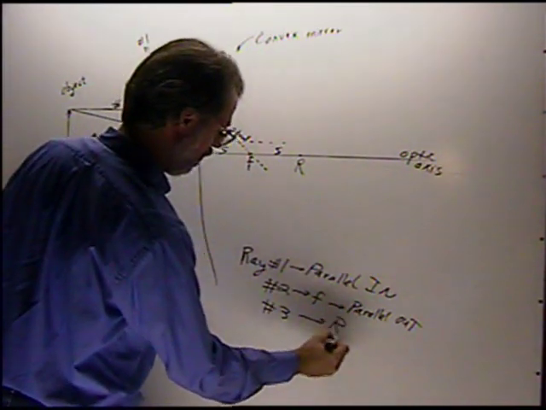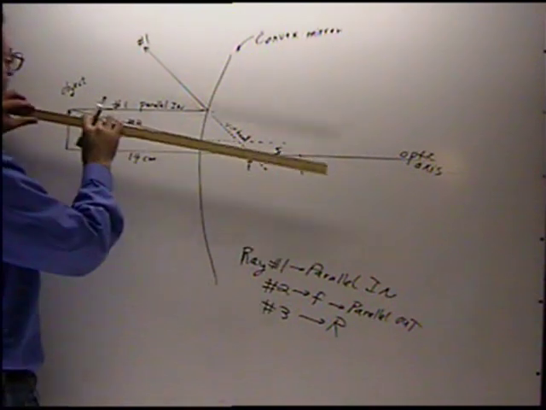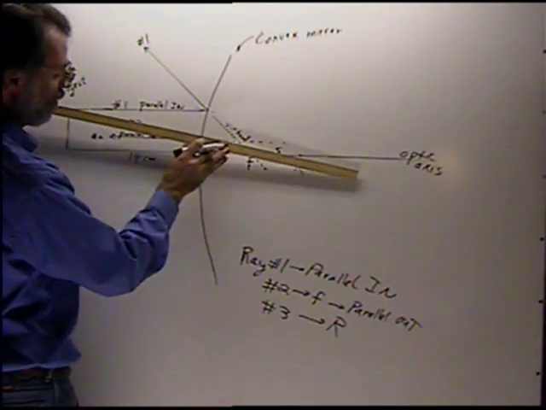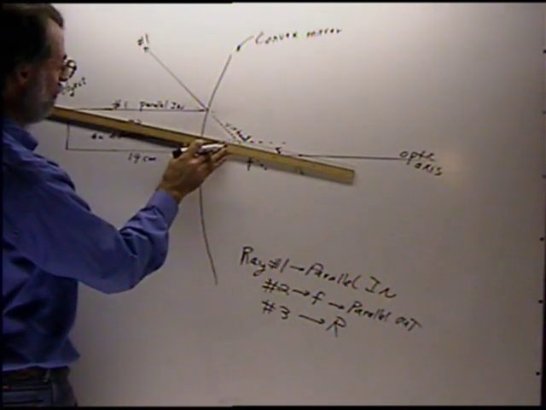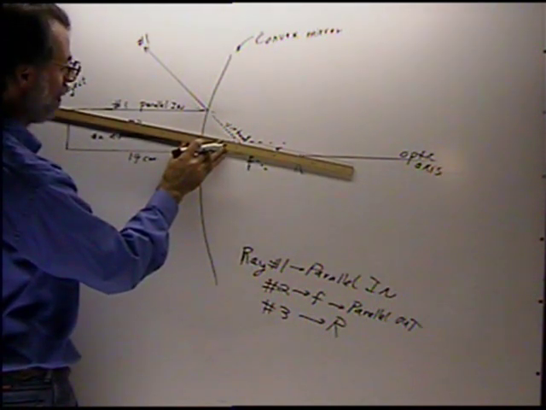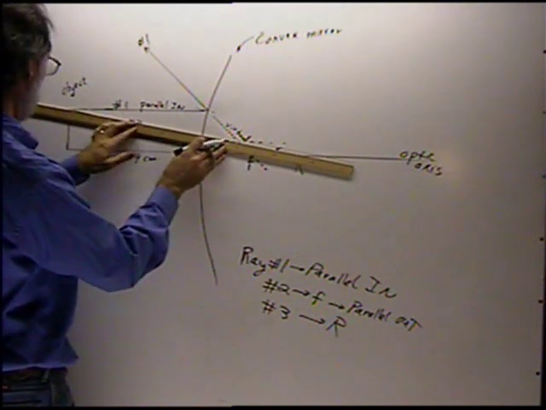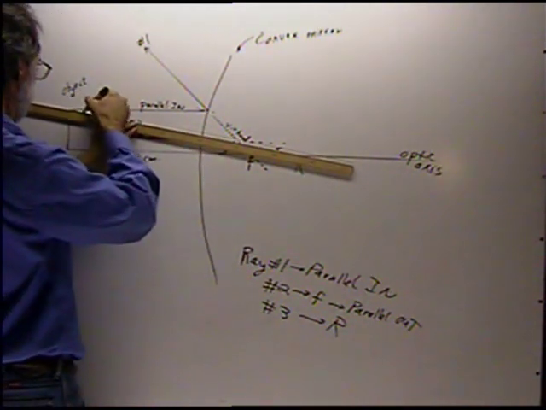is through the radius. Okay, now if we draw the ray as if it goes, here's the radius, so we have to draw it as if it goes through the radius. It goes through the radius.